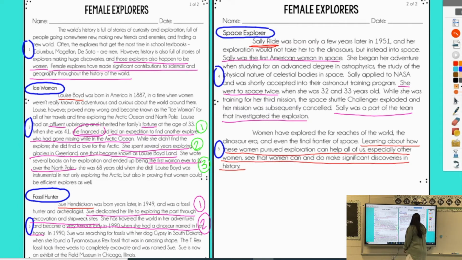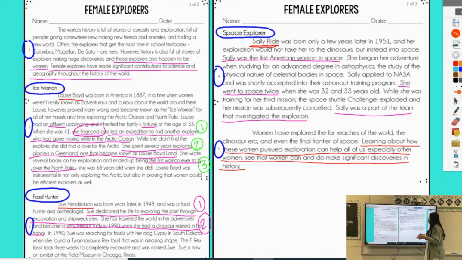Who can tell me which part of paragraph 5 that we just underlined, which part of that red underlining is our defined main idea or our specific main idea? Women pursued exploration. Exploration can help all of us. Yes, that is extremely important, but is the whole passage about how they help us?